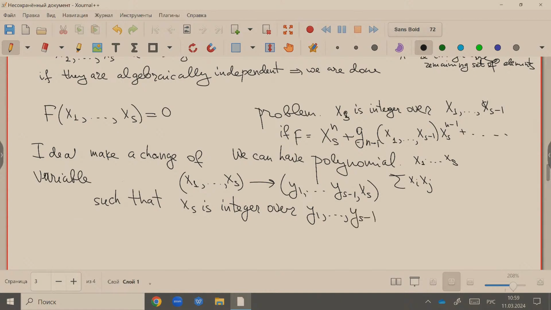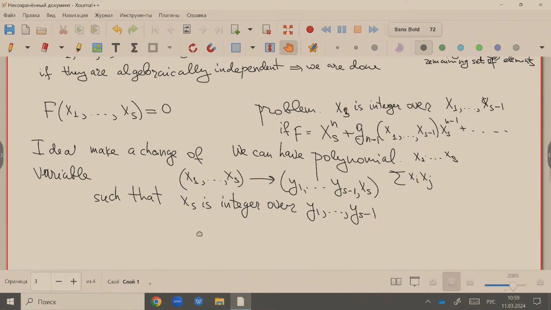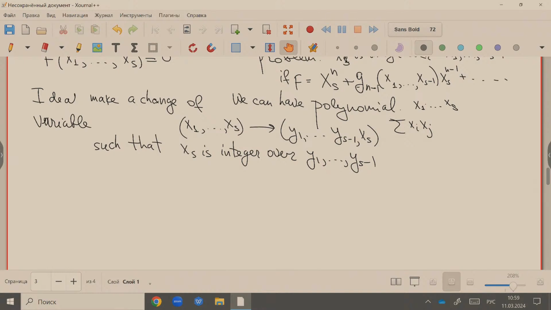Yeah, so how do you do it? So take the simplest change, which is just linear. You just add a variable with some coefficient.